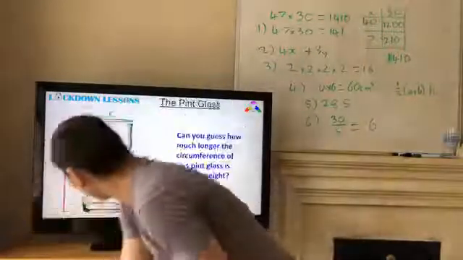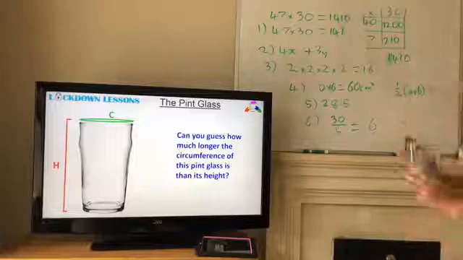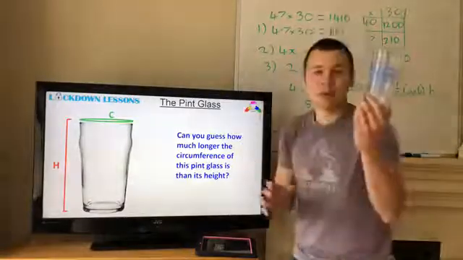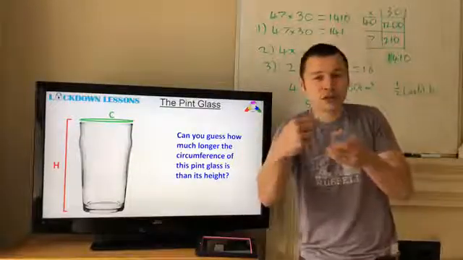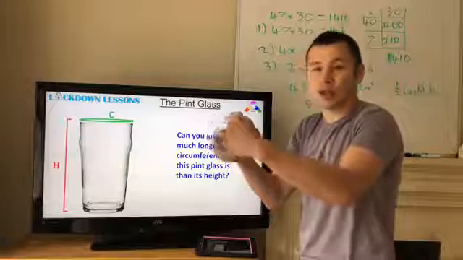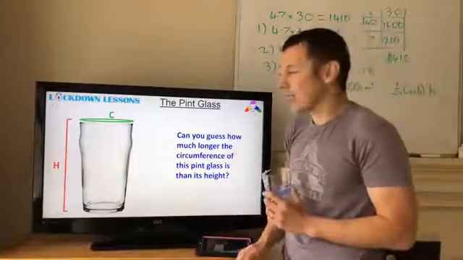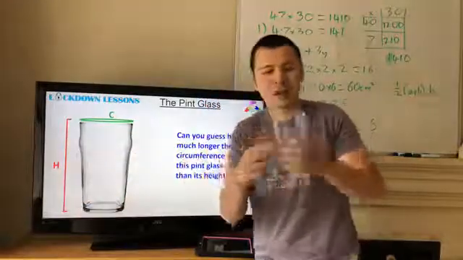Okay, so we're going to go on to what I call a pint glass challenge here. So I've got a pint glass here, and I want to know the height of the pint glass. It's quite a big glass, it's quite a tall glass, compared to the distance round the outside, the circumference of the top. I want to know, in centimetres, how much longer do you think the height is than the circumference?